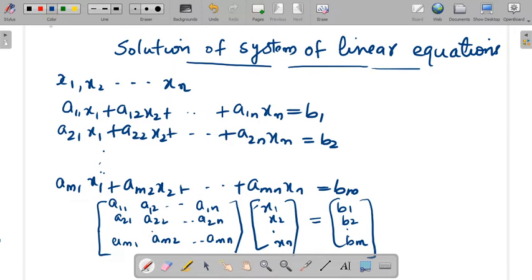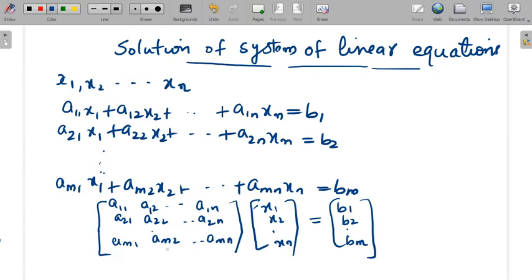So we know the first matrix is an m by n matrix, m rows and n columns, and here we have an n by 1 matrix. So the multiplication is possible and the result will be an m by 1 matrix.